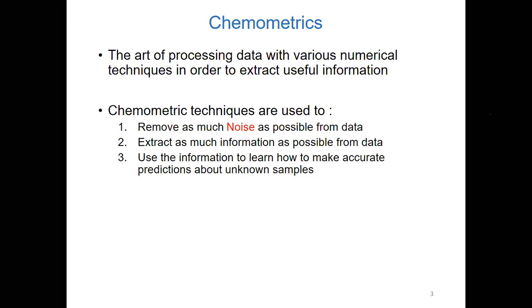We will do sampling and analysis for a portion of the sample, but based on the data that we acquired, we have to get some idea about the population, that means the bulk. So in that case also, we will use these chemometric techniques. Okay.